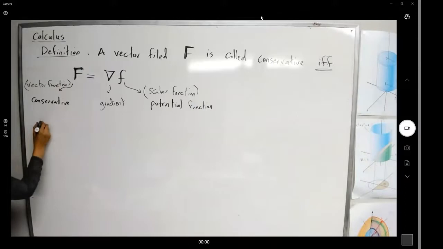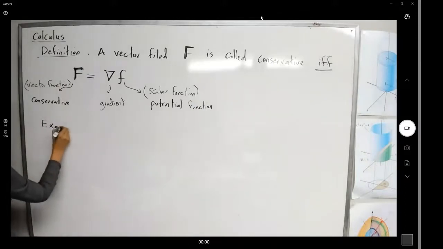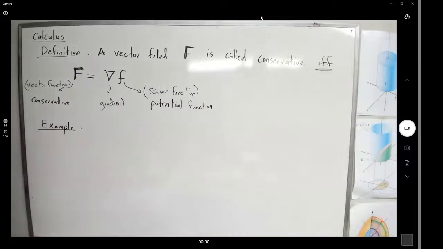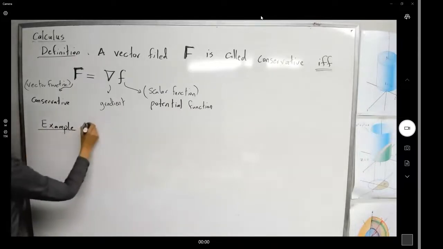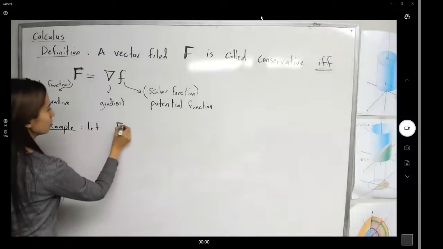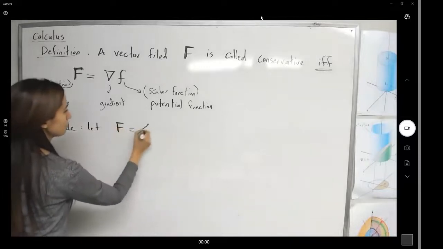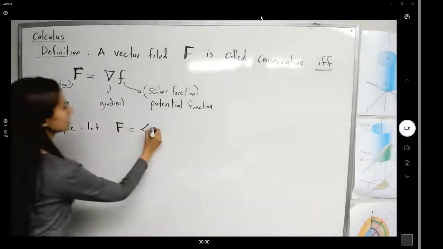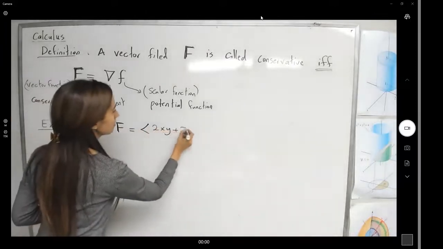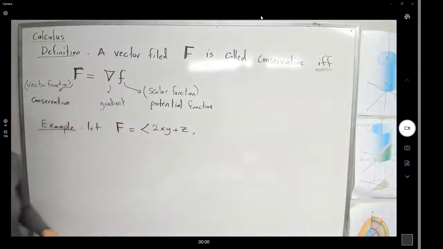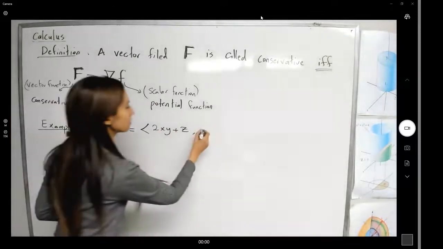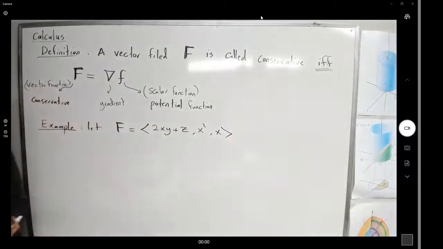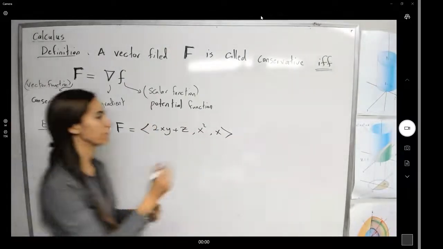For example, let's give you one example. Let bolded F be defined this way. You have your vector function with first component 2xy plus z, comma, the second component is x squared, and the third component is x. Let F be a vector field.